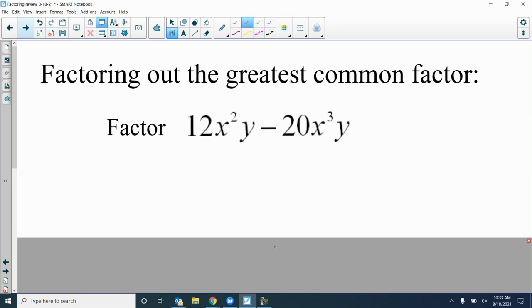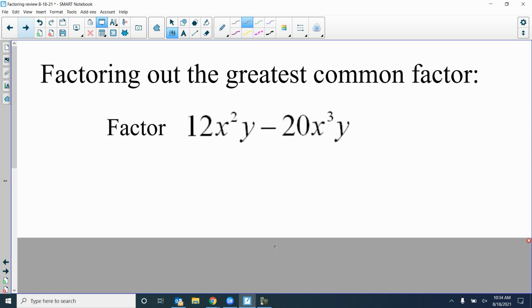All right, first thing, factoring out the GCF. Go ahead and copy that down. All right, Justin, any idea what it's asking you to do?